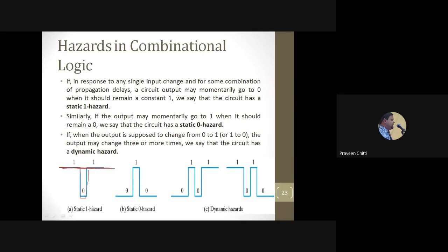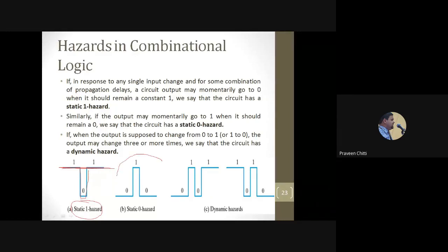It has to remain 1, but in between you get an unwanted 0 as a glitch. In short, remember that for static 1, it has to remain 1 but momentarily goes to 0. That type of hazard is called static 1 hazard.